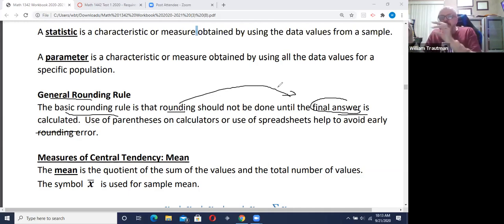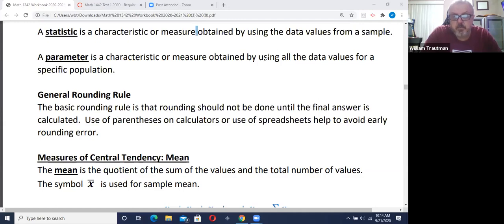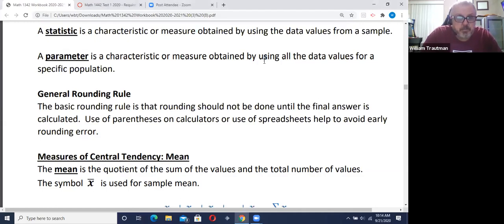If you have a whole bunch of numbers, don't take a couple of numbers and round it, then add other numbers to it and round it, and then find an answer and round it. Do all the math and then round it one time at the end. So that's what the rounding rule is. Don't round it until you get to the answer.